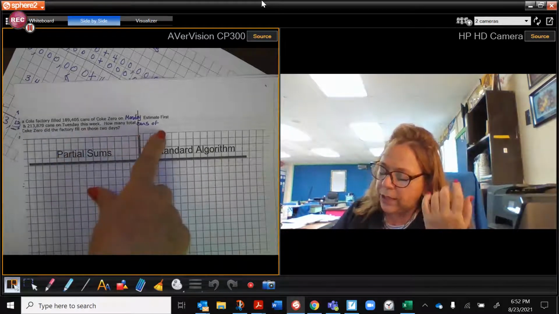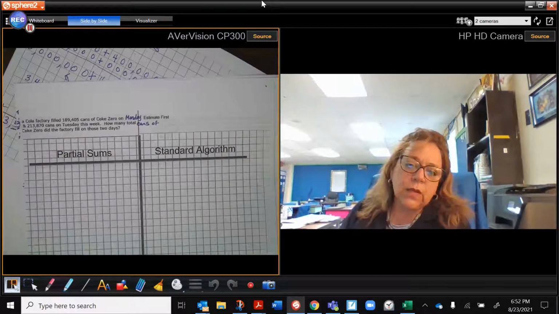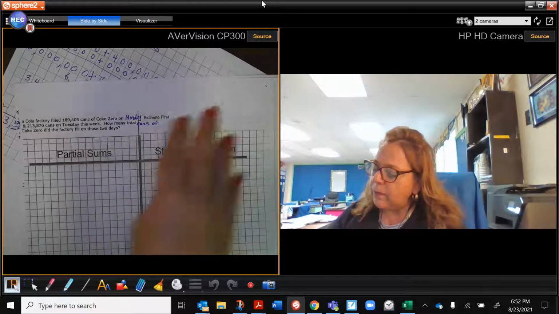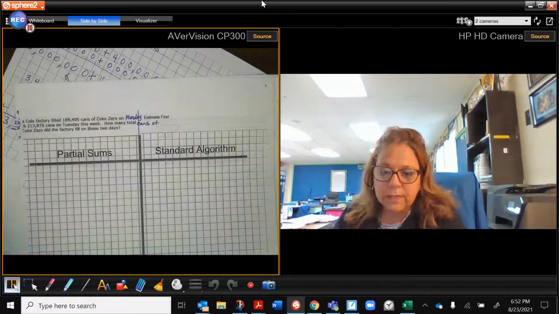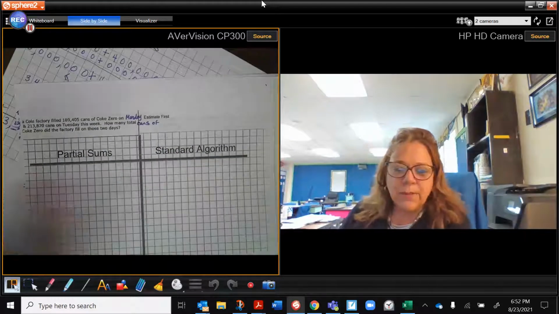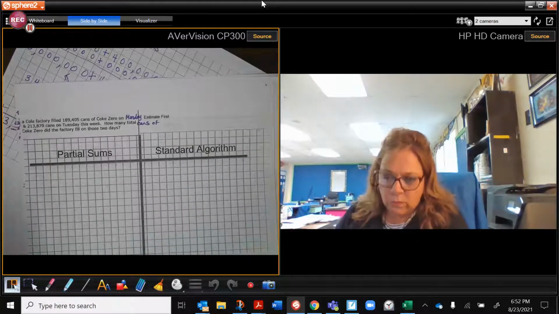So how many total cans of Coke and Coke Zero did the factory fill on those 2 days? So we want to find on the adding again. Remember, you're going to estimate first to find the reasonable answer, then the partial sums and standard algorithm. This helps on place value. If you run out of time, just try to get at least one more done.